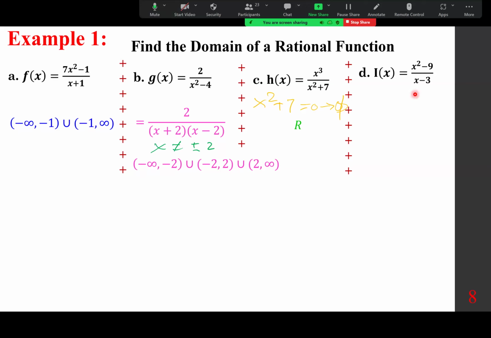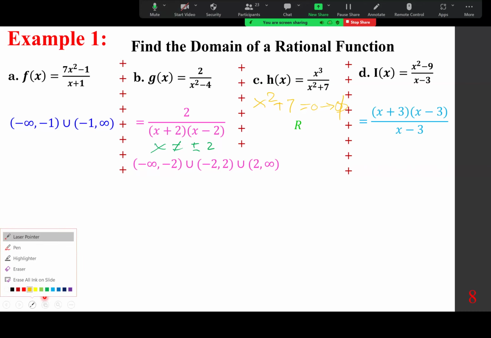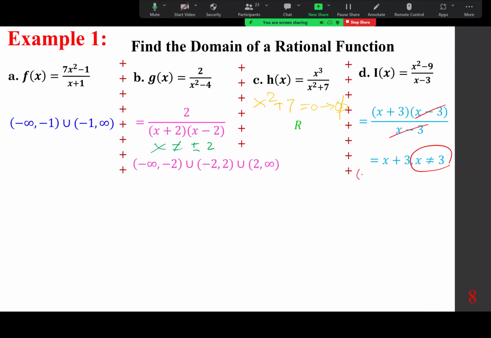This one doesn't have one, because the numerator factors into x plus 3 times x minus 3, and it equals x plus 3 with x not equal to 3. The domain is negative infinity to negative 3, union negative 3 to 3, union 3 to infinity. But you can't say x equals 3 is a vertical asymptote.